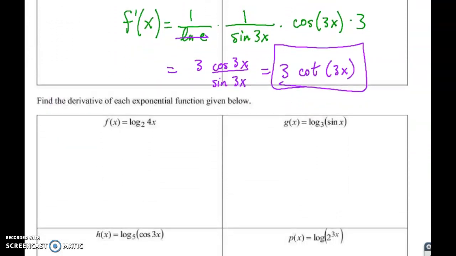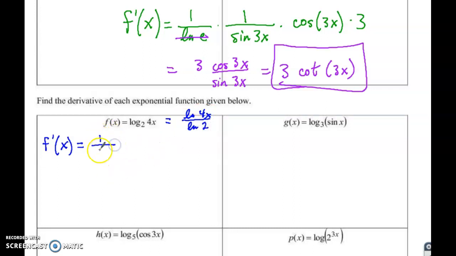So as we move forward and get some more difficult problems, in this problem, f prime of x is equal to, if it even helps you, just go ahead and rewrite it as natural log of 4x over natural log of 2. I don't know if that helps anybody.